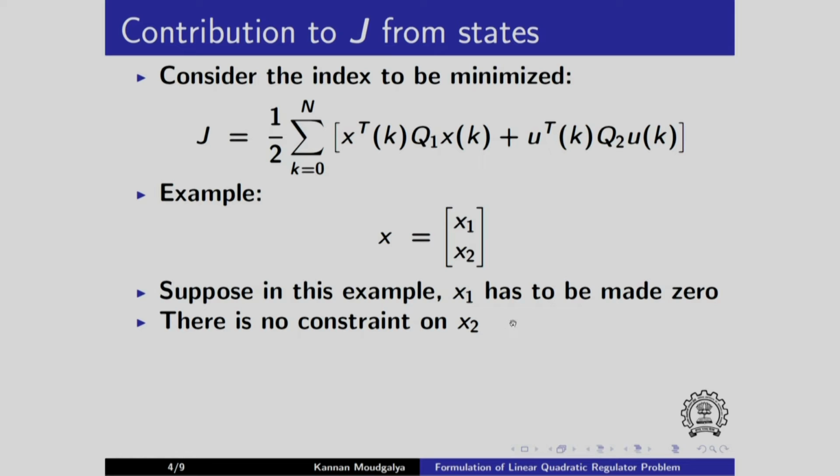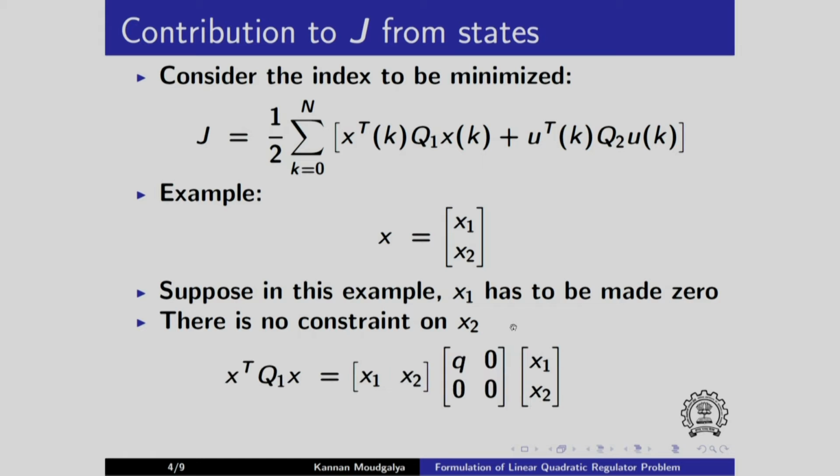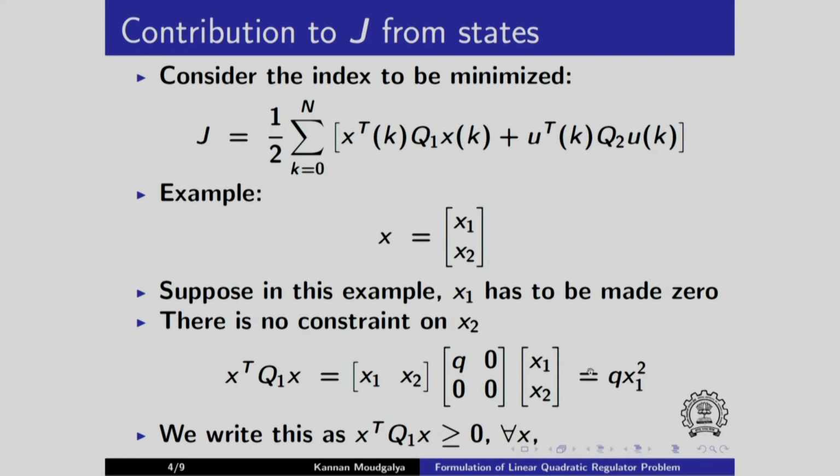We call it a don't care state. We allow it to float, so to say. So in this case we could choose Q1 to be a matrix of this type, where we have a non-zero entry here. All other entries are 0. So this is equal to q x1 squared.